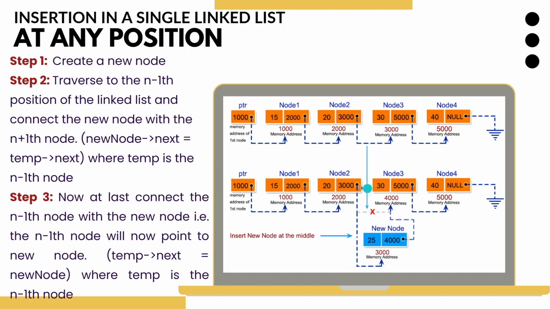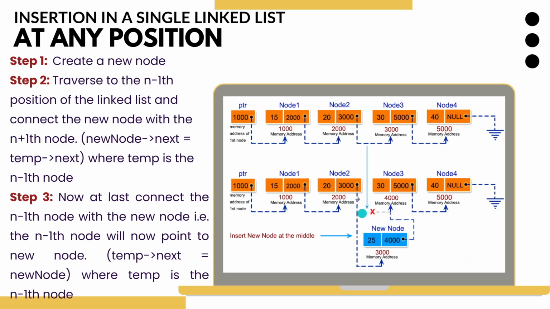First and foremost, I should take this value and put it in the new node, so that hereafter the new node will point to the successive node, which is node 3, and after that I can put the value of this new node in place of node 2's address part. So we have to be careful about the ordering of statements; the ordering of pointer assignment matters the most here.